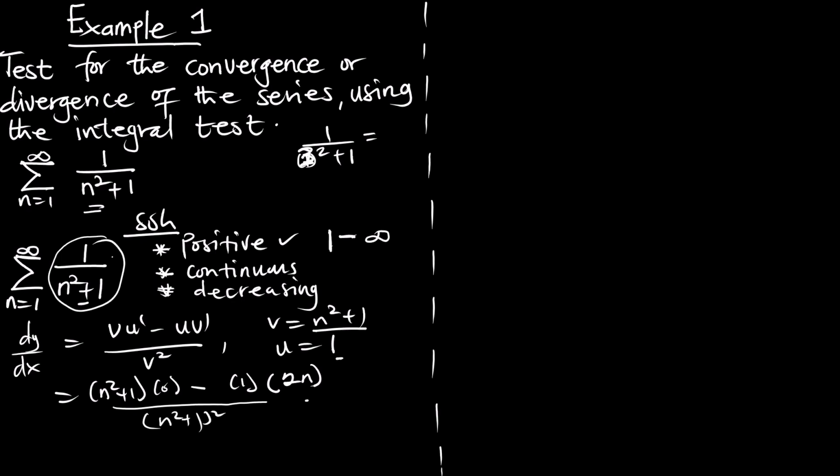If we simplify, this is going to be negative 2n on n squared plus 1 all squared. So what do we see? The derivative is giving us a negative value. Whatever value of n you put in, this expression will always be negative. Even if the denominator is positive, since the negative is in the numerator, it is going to make the expression always negative. It is decreasing.